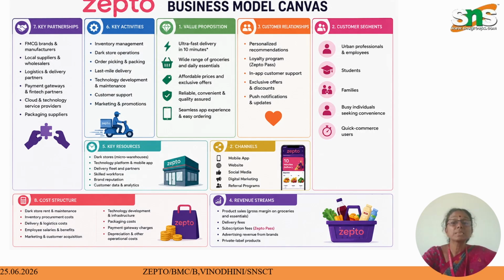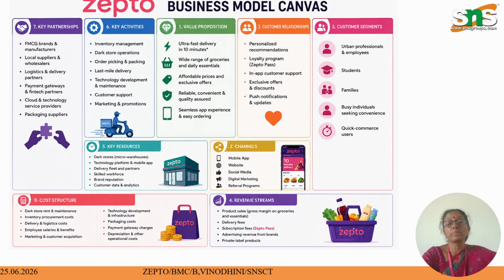So this is the business model canvas of Zepto. As I said, every BMC has nine building blocks. The customer segments of Zepto are urban professionals, employees, students, and families.